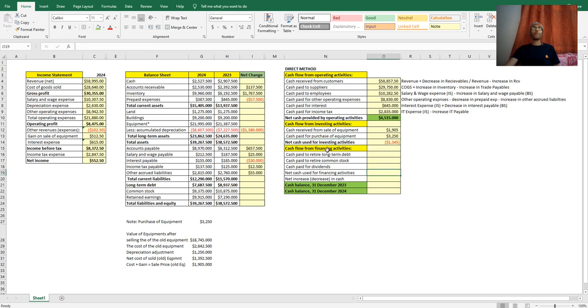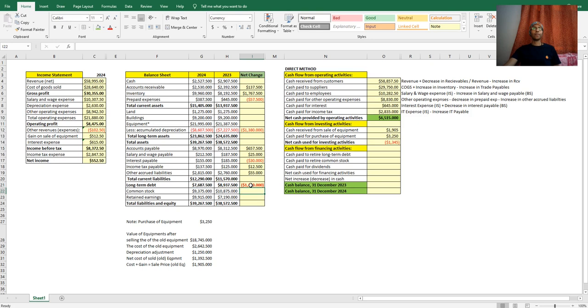Now cash flow from financing activities. Cash paid to retire long-term debt. This is equal to the change in long-term debt that has happened. So this is equal to this change because no other information is available. This minus this.